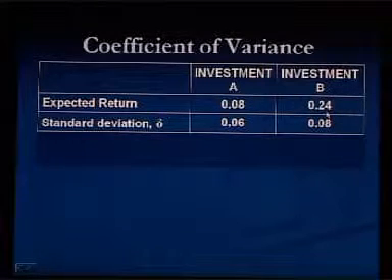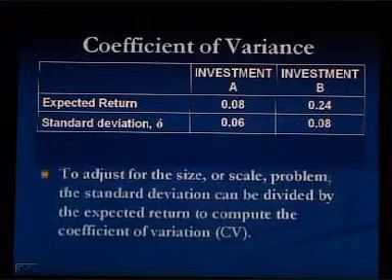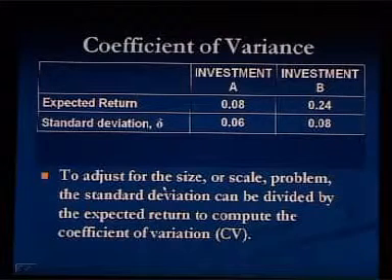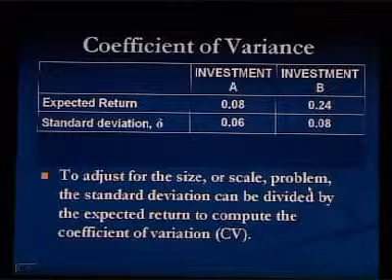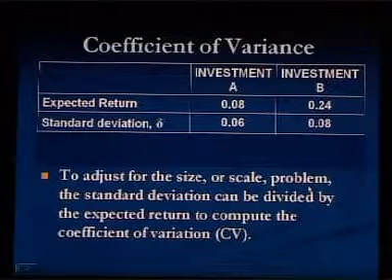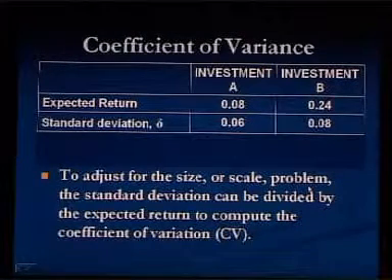This is the problem of size. So, to adjust for the size or scale problem, the standard deviation can be divided by the expected return to compute the coefficient of variation.